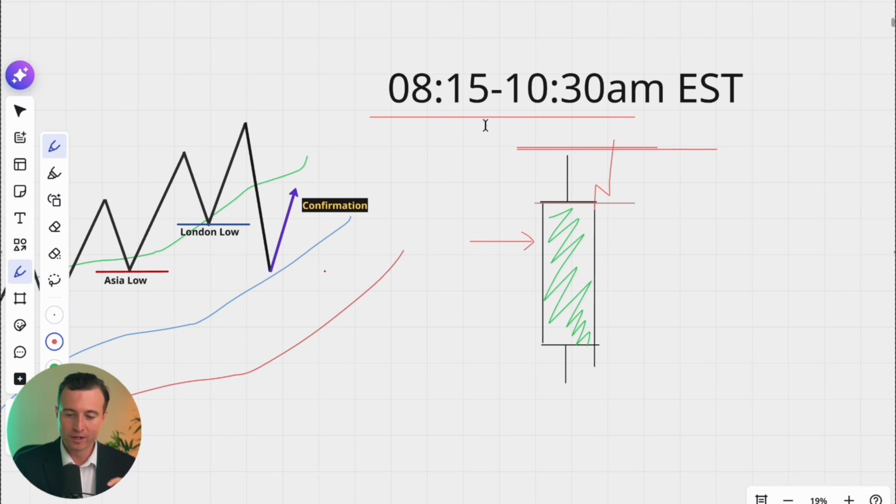Also ensuring that you're taking trades during the New York kill zone between 8:15 and 10:30 a.m. Eastern will ensure that you are entering the market during a high volume session when you expect a lot of volatility and a lot of volume to come into the market.